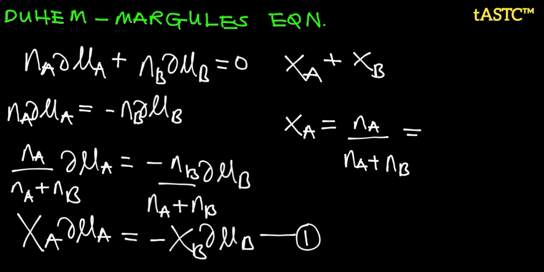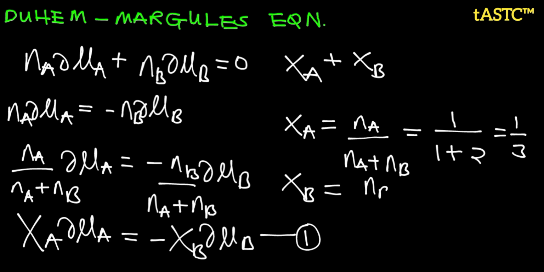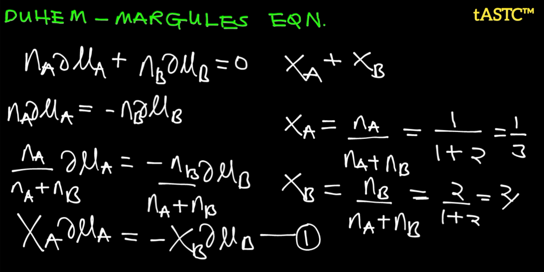Let us say the number of moles of the first component was 1, and the second was 2. You're going to find 1 divided by 3, which is obviously less than 1. For the second component, B, with 2 moles, we have N sub B divided by N sub A plus N sub B, which is 2 divided by 1 plus 2, giving us 2/3.